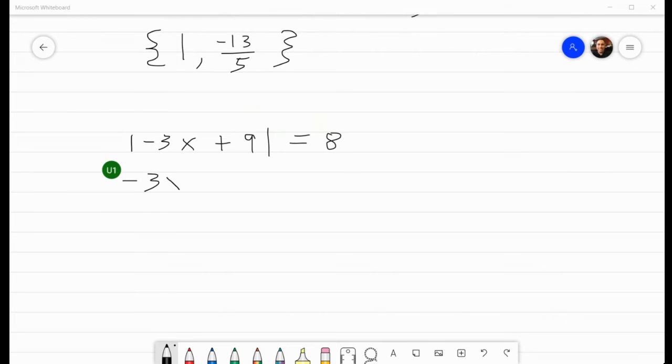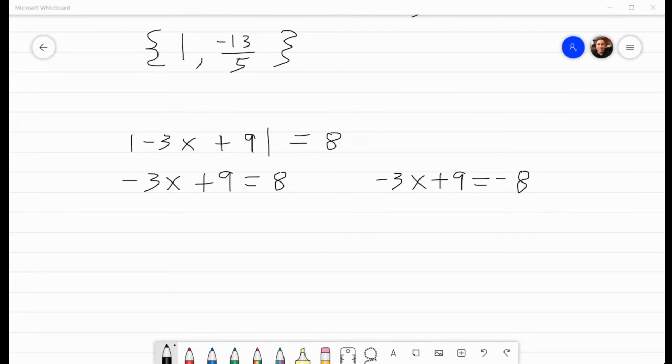We have minus 3x plus 9 equal to 8. The other equation is minus 3x plus 9 is negative 8. And we have two equations to solve.